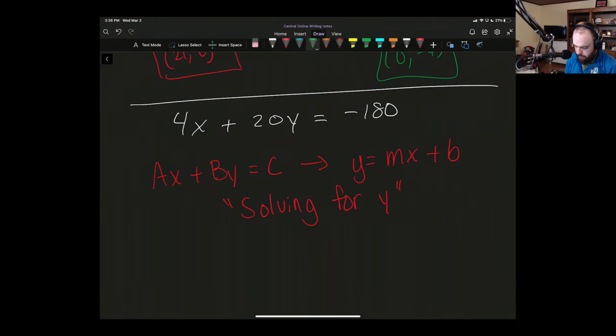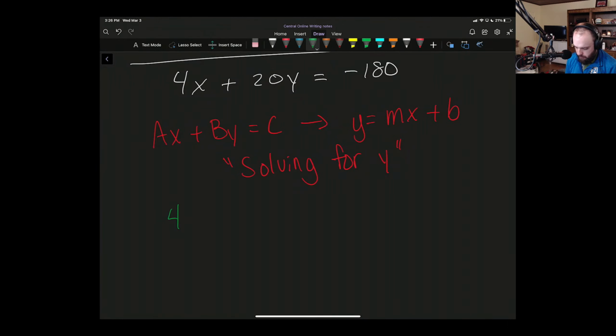All right, so I'm going to do this in green. We got 4x plus 20y equals negative 180. I haven't laid it out today in the stream yet, but remember when we're solving, we normally do our order of operations as PEMDAS, but to solve everything as simply as possible, we're going to do the opposite: SAD-MEP.